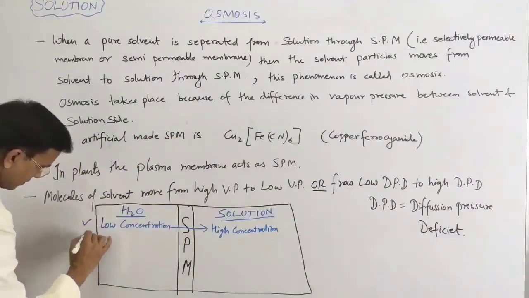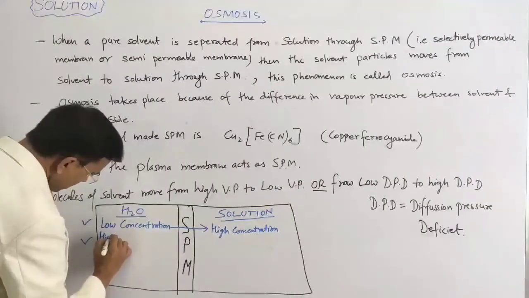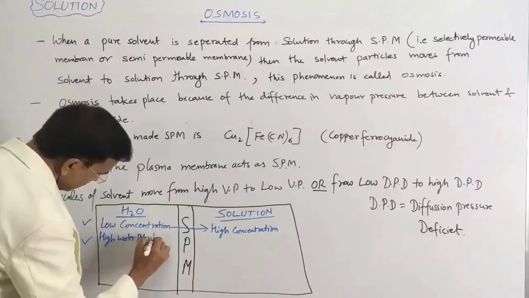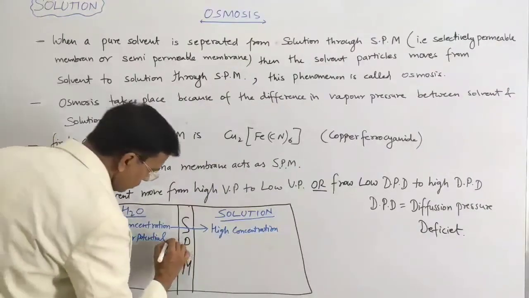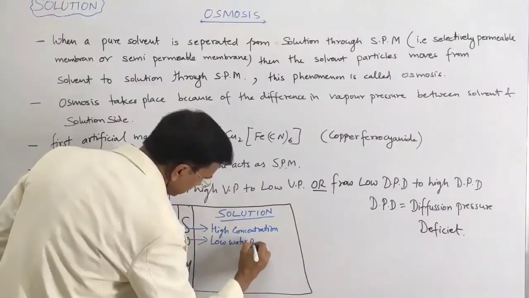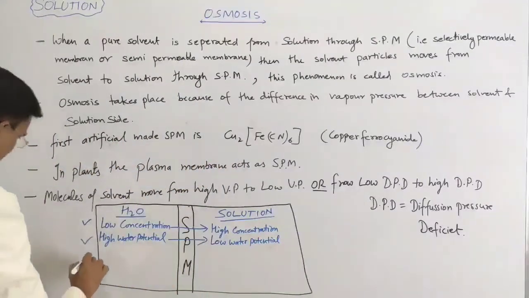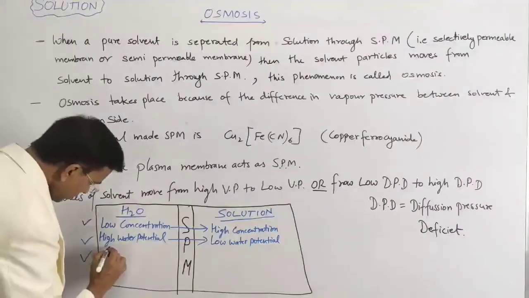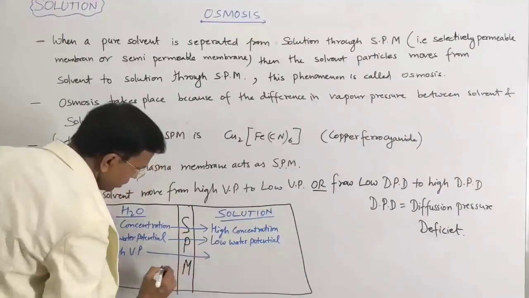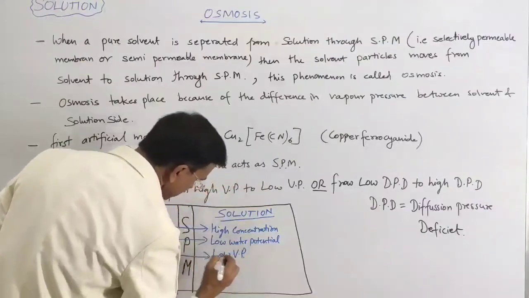Now the next point: this side has high water potential, to this side low water potential. Right. Now the next is this side high vapor pressure to low vapor pressure.